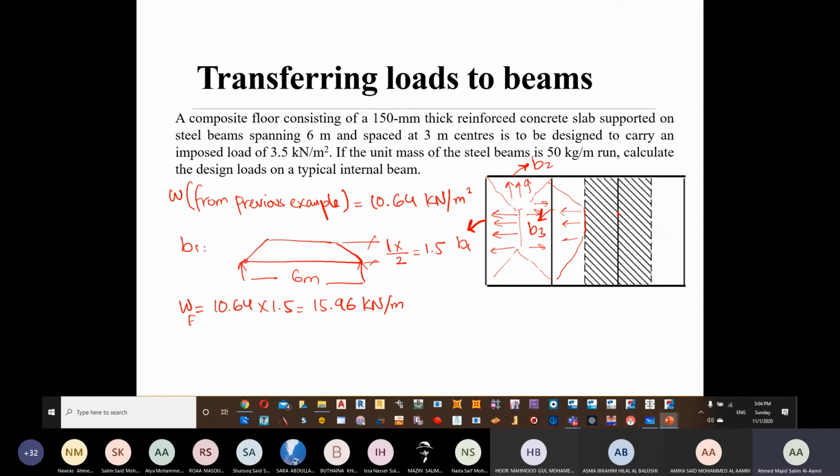So what is the value of loading on this point? On this point it's 0. Here it's 15.96. Now if we want to get the load on beam 1, the load on beam 1 is going to be 15.96 plus 1.4 multiplied by 0.5 once again.